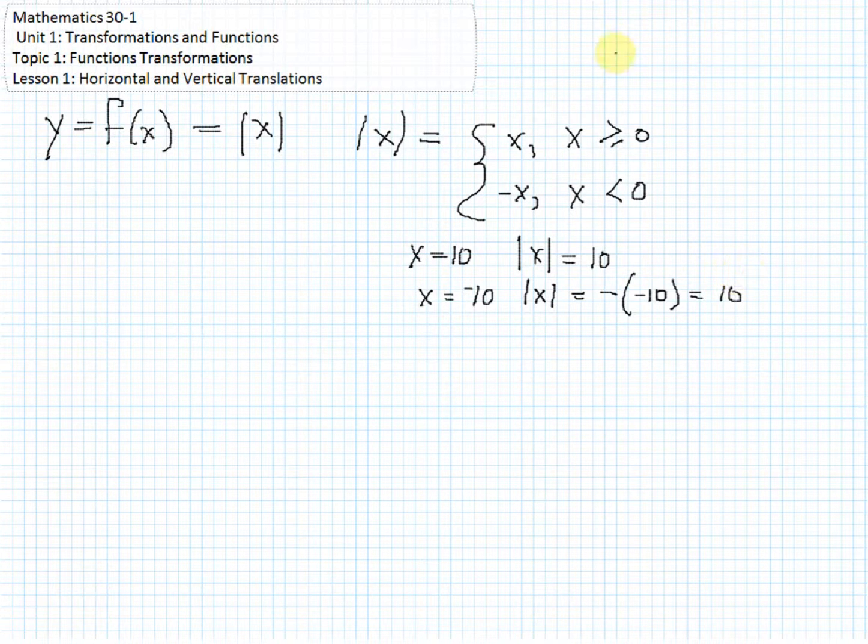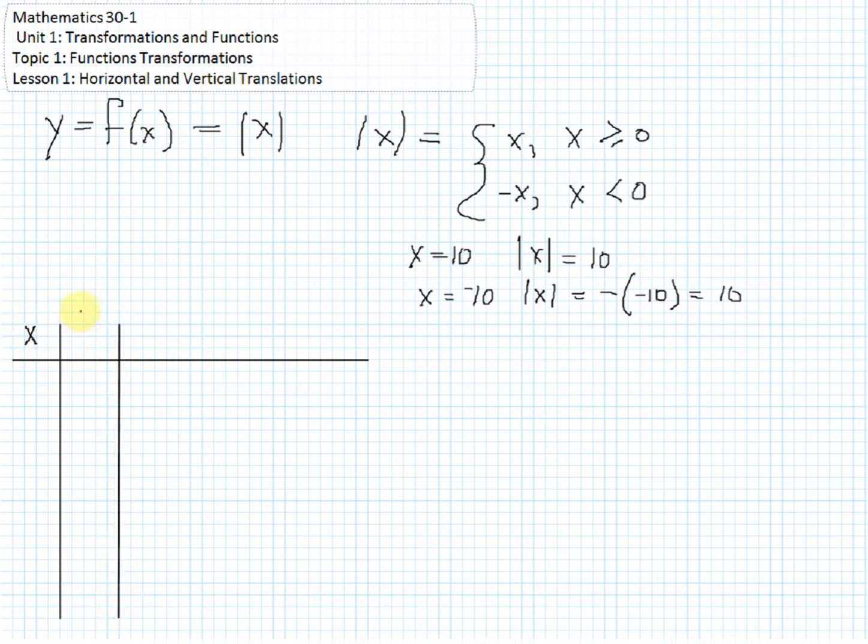So let's look at this on a table of values. I'm just going to create my table of values here. I need a column for x and a column for f of x, so that we can define what our function looks like.